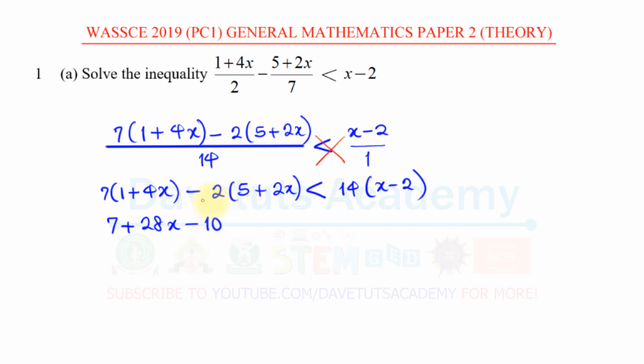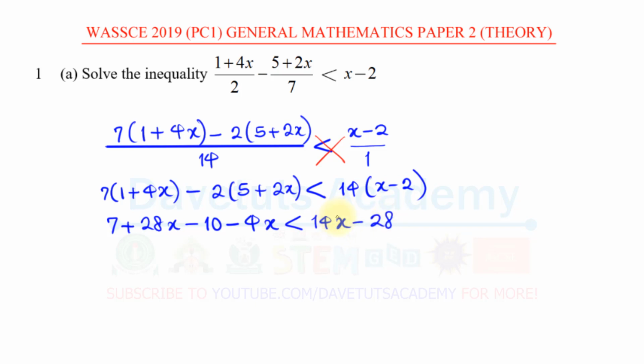Minus 2 times plus 2x: this negative sign will multiply this positive sign to give a negative sign, and 2 multiplied by 2x will be 4x. This is the right approach to open up a bracket when you are multiplying with a negative sign. Then we can say this is less than 14 times x is 14x. Then 14 times minus 2 is minus 28.